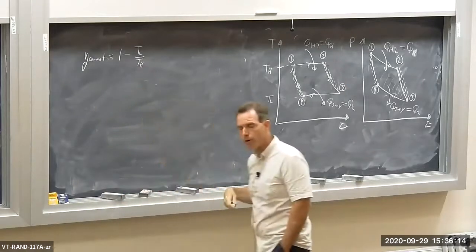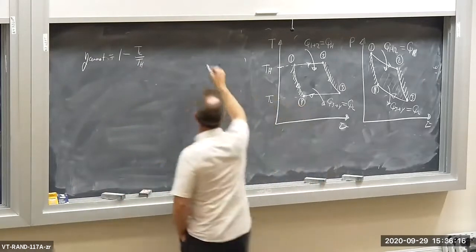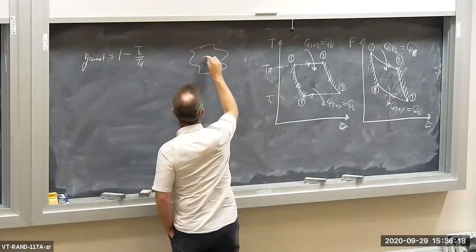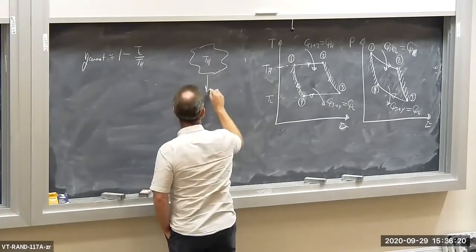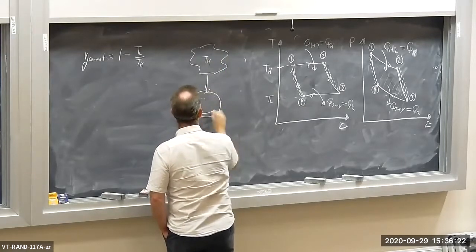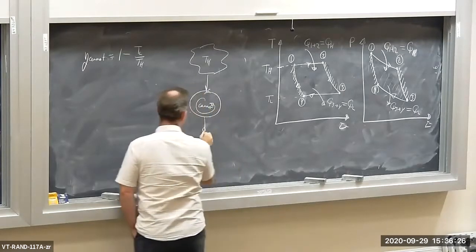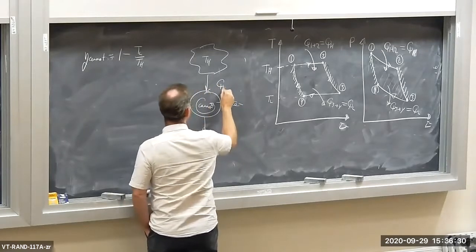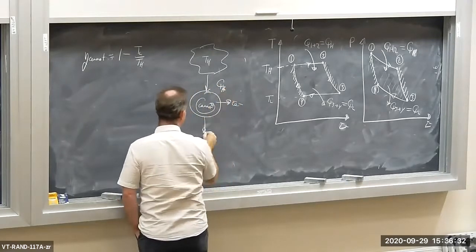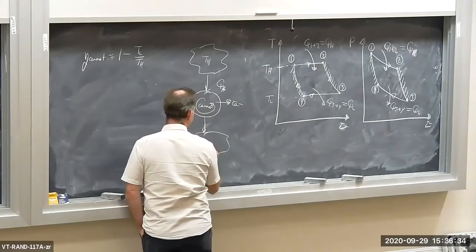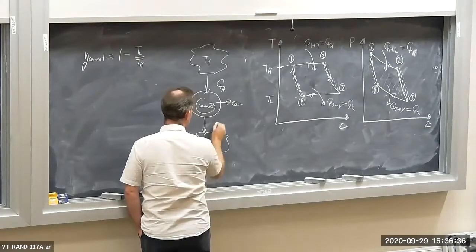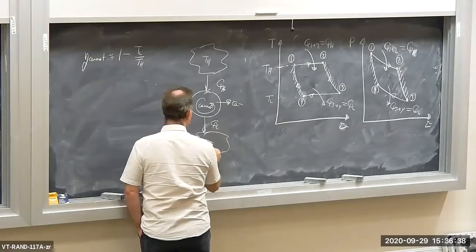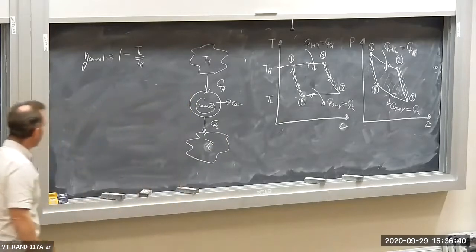Same thing for a reversible heat engine. And again, the picture here is we have a high temperature reservoir, we have a Carnot heat engine producing a certain amount of work over the cycle from a certain amount of heat taken from the high temperature reservoir and rejecting the excess heat to the low temperature reservoir. So that's what's going on here.